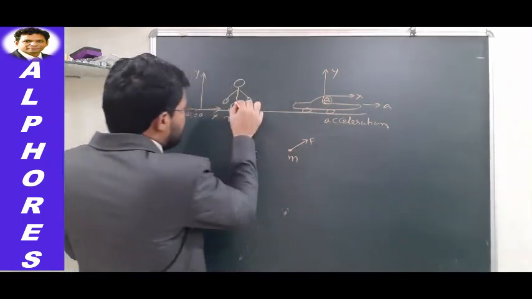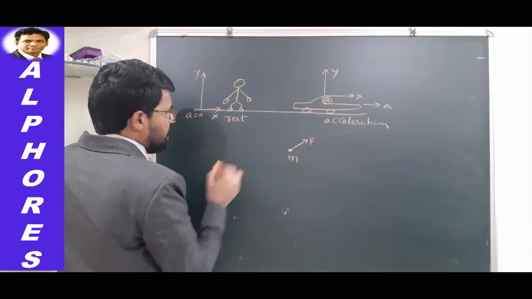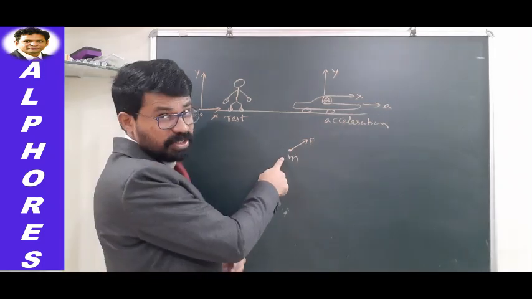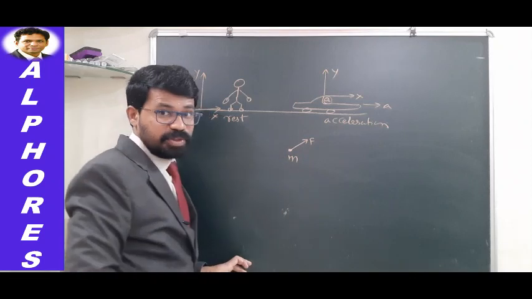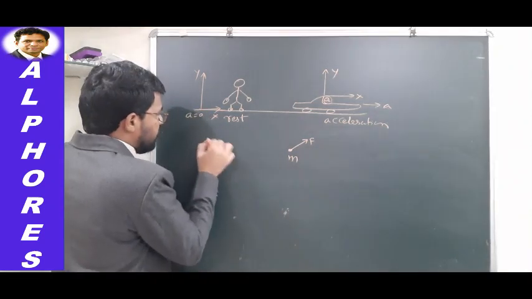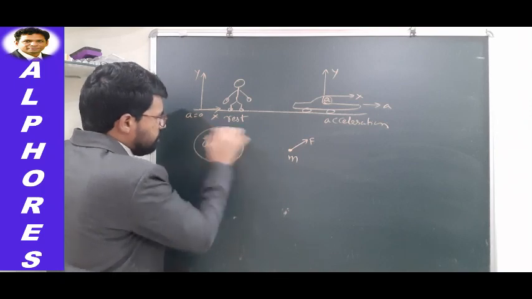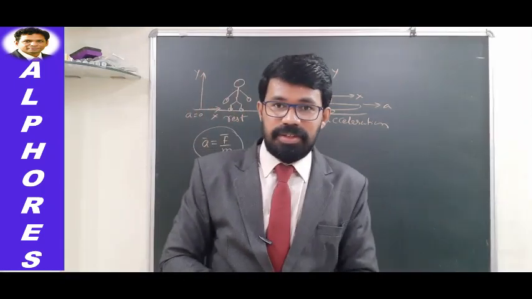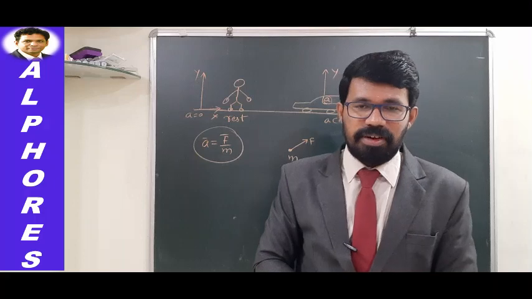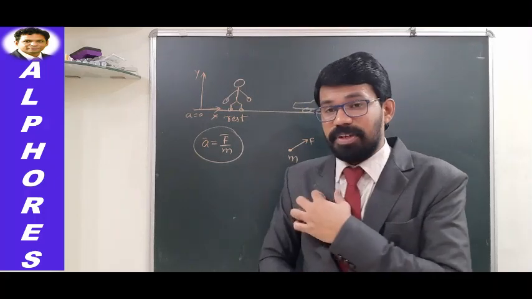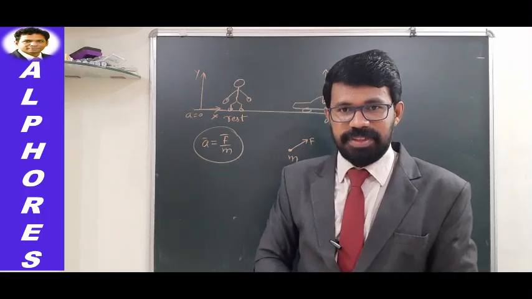It means, with respect to this observer, if you try to write the acceleration of this body, yes, this body possesses acceleration because it experiences some net force F in this direction. So that acceleration a bar will be equal to F bar by m. That's what we write for acceleration with the help of Newton's second law of motion. So a bar is equal to F bar by m, isn't it?